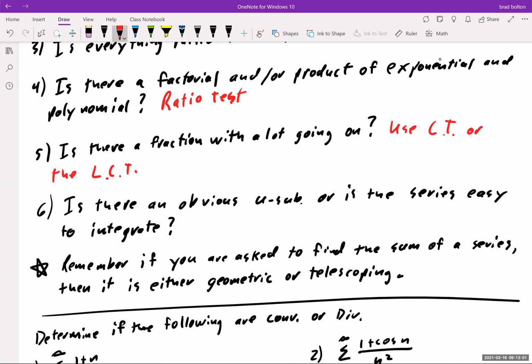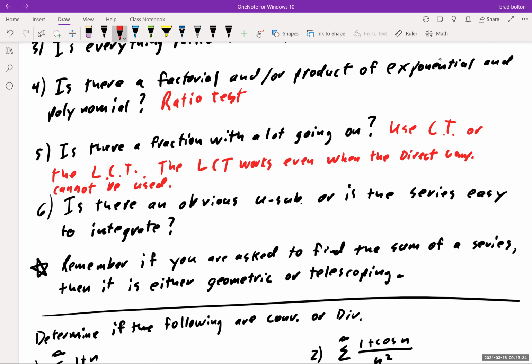And recall the LCT, okay, remember that the limit comparison test works even when the direct comparison cannot be used.